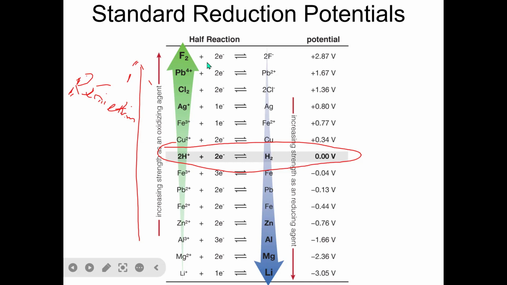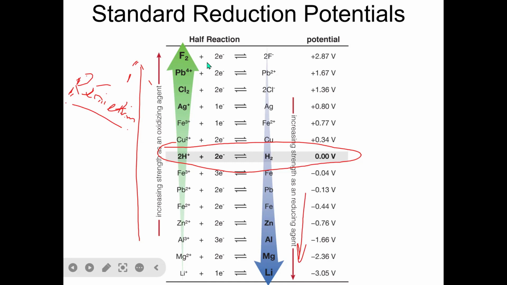So the higher the value of a cell potential, the higher the oxidizing ability of that particular species. Therefore, if you have two reactions, the one with higher cell potential will undergo reduction. And the one with a lower electrode potential will undergo oxidation, because the lower the standard potential, the more the reducing ability of that particular species.